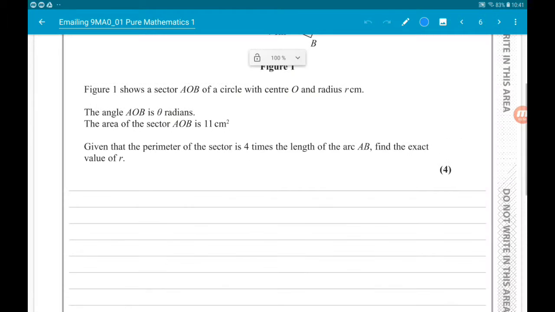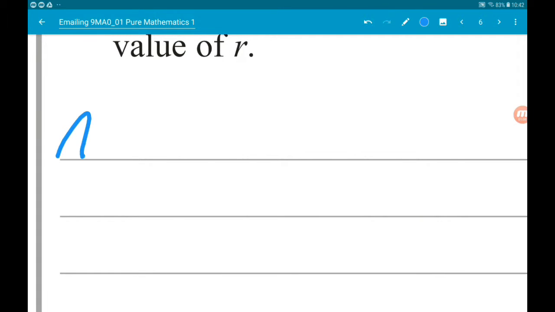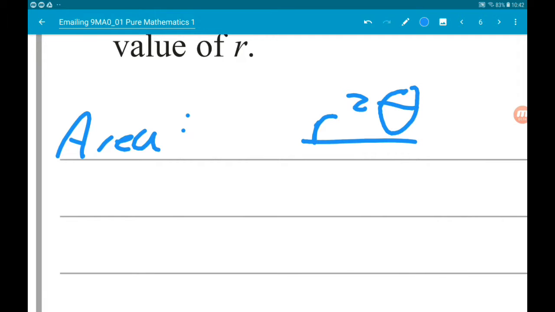Okay, so first up, we know that the area of the sector is 11 centimeters squared. Now the formula for area of a sector is r squared theta over 2. So first up, from the area, we can say that r squared theta over 2 is equal to 11.